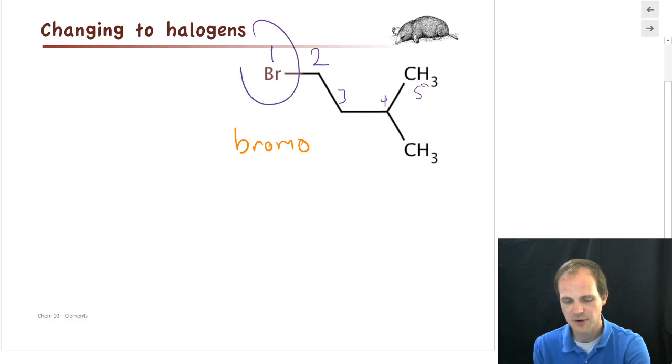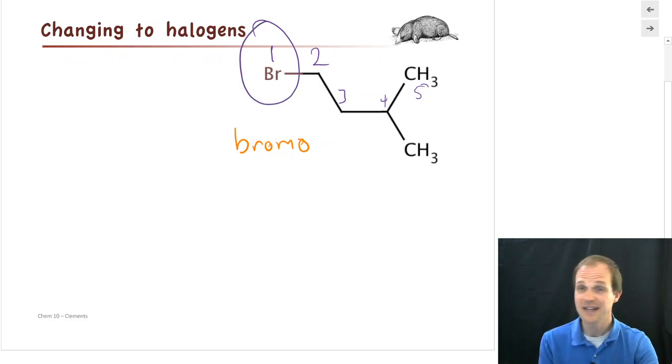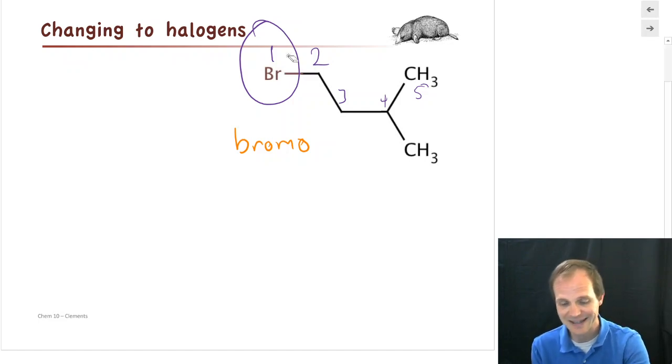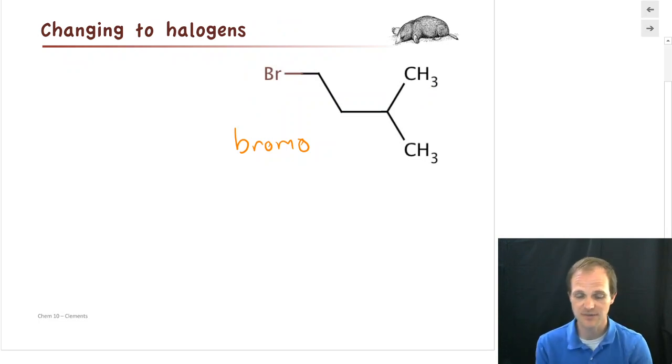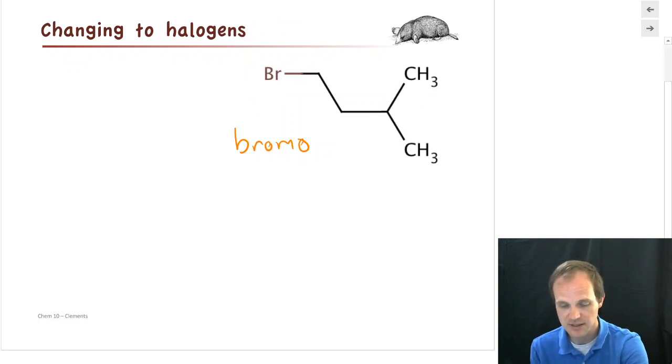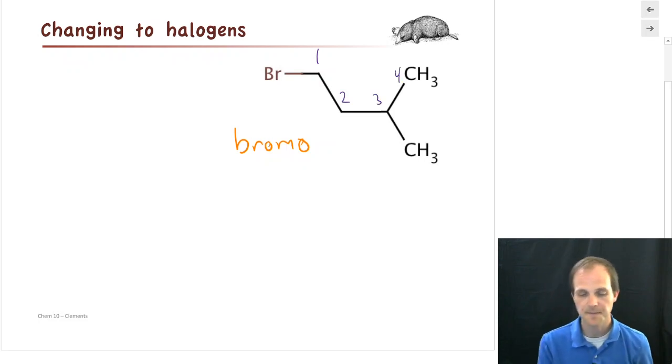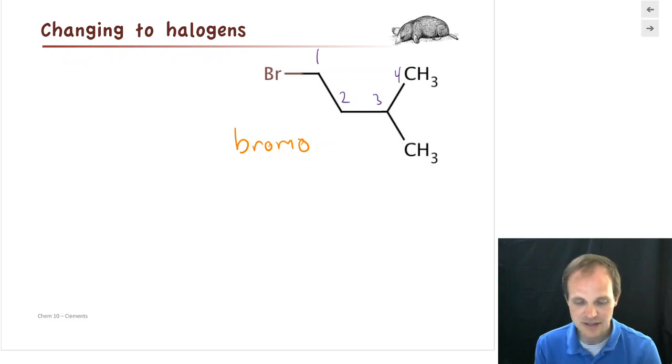But remember, this bromine, as soon as we put it on there, is no longer a carbon, and a backbone is the longest carbon chain. So we can't start counting at number 1 on the bromine. We have to start counting from the first carbon, like this: 1, 2, 3, 4. No matter which way we go, starting from the bottom, moving back, we're not going to get any longer than 4. And so that is our backbone.